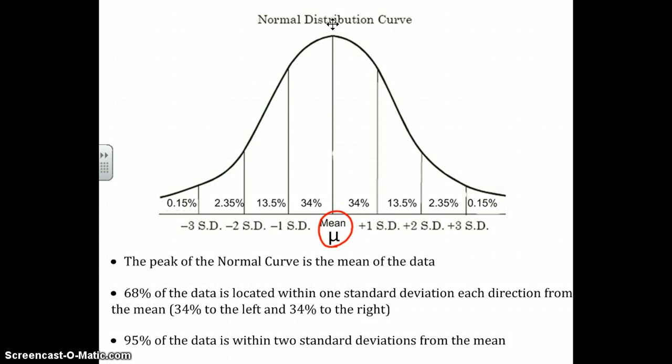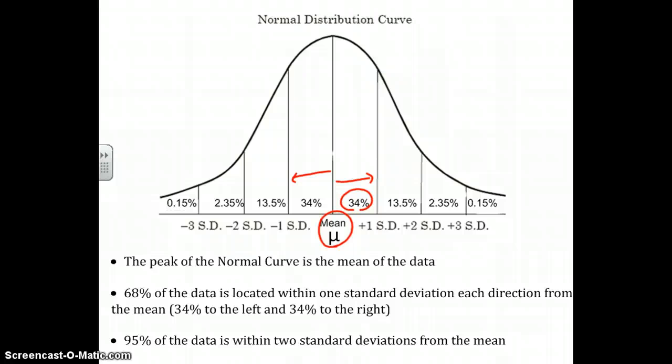Other things is that if we go up from the mean one standard deviation, depending on your data set that standard deviation is going to be different, but if we go up one standard deviation, 34% of the data lies from the mean to one standard deviation above. And since it's symmetric, 34% of the data lies from the mean down one standard deviation.